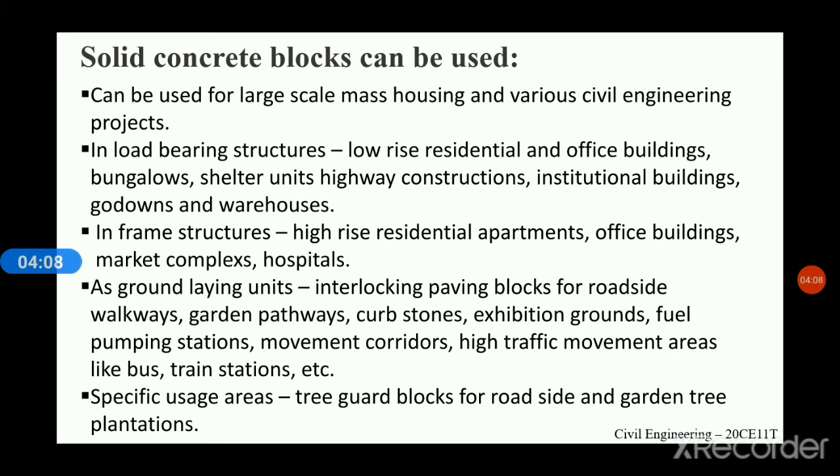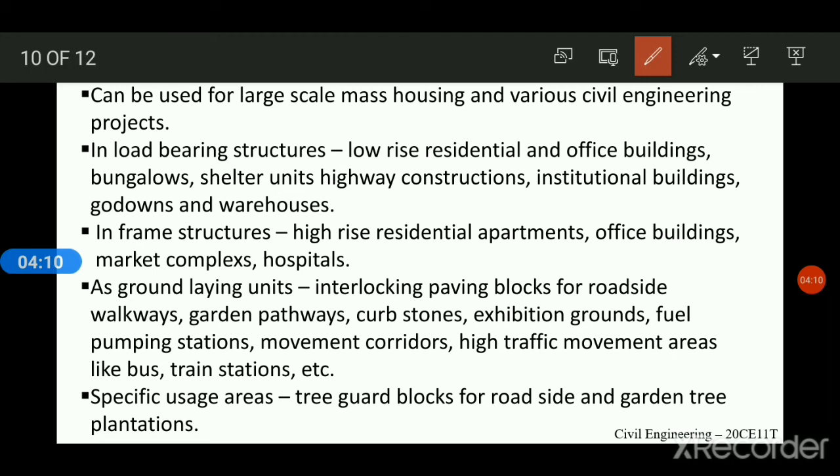It is used in load bearing structures for low rise and office buildings, bungalows, shelters, highway constructions, institutional buildings, godowns, piers, etc. It is also used in frame structures, that is high-rise residential apartments, office buildings, market complexes, hospitals, etc.